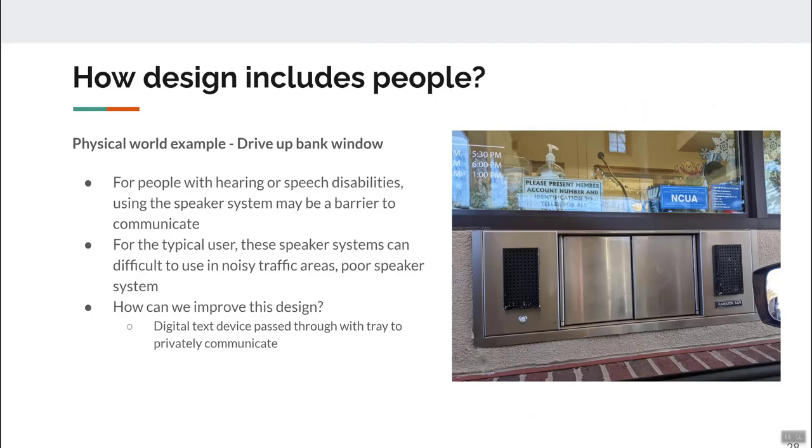So let's think about it again as a person who is deaf. How does this design include or exclude me? And then as a designer, let's think about how we can improve this design. One way I thought about was a digital text device that gets passed through the tray and you can communicate privately with the teller.